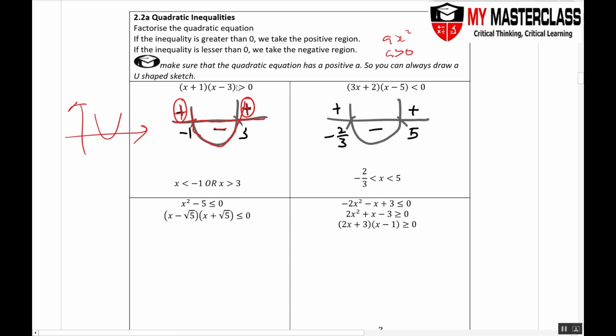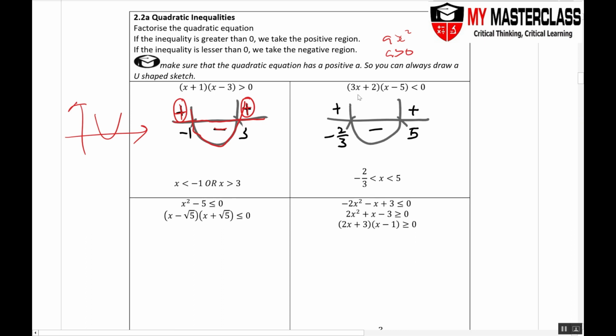Whenever you have a more than 0 sign, you always have the two extreme ends, and with two extreme ends you always have an either-or, which means two inequalities for your solution. Now let's take the scenario where it is less than 0.